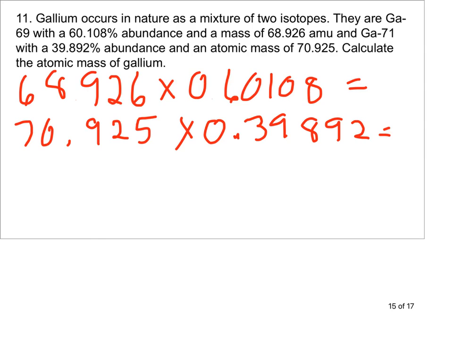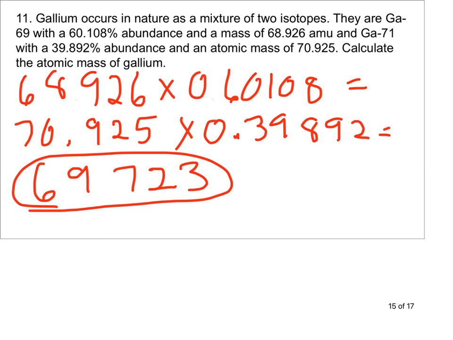Hit my equals key, and I got 69.723. And that should be my mass for gallium. To check it, if I just go to the periodic table, gallium, number 31, my periodic table says 69.72, so that looks good.